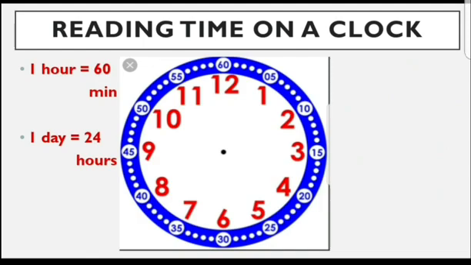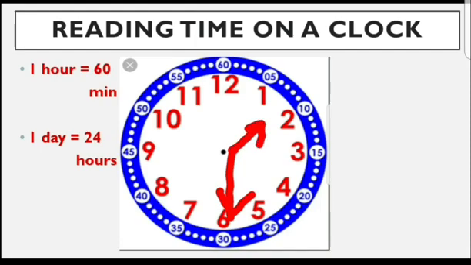Now children, suppose the minute hand is at 6, that is now the minute hand has completed 30 minutes. It is exactly the half of 60 minutes, that is half an hour. Okay, and the hour hand is between 1 and 2.